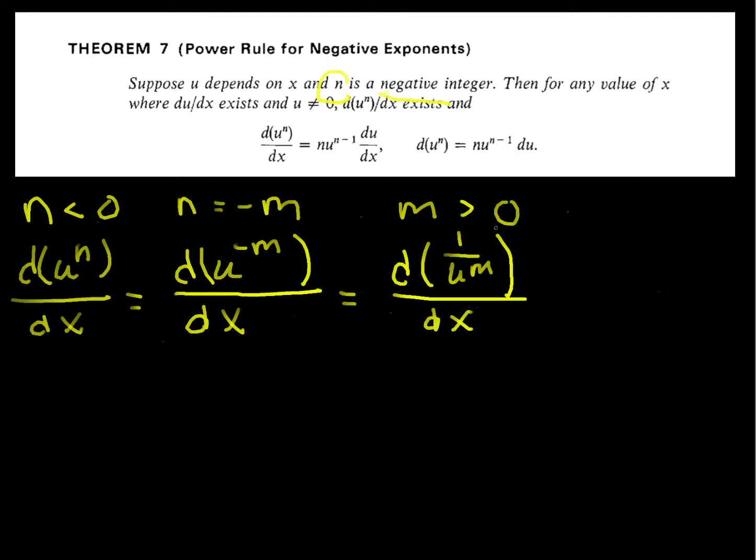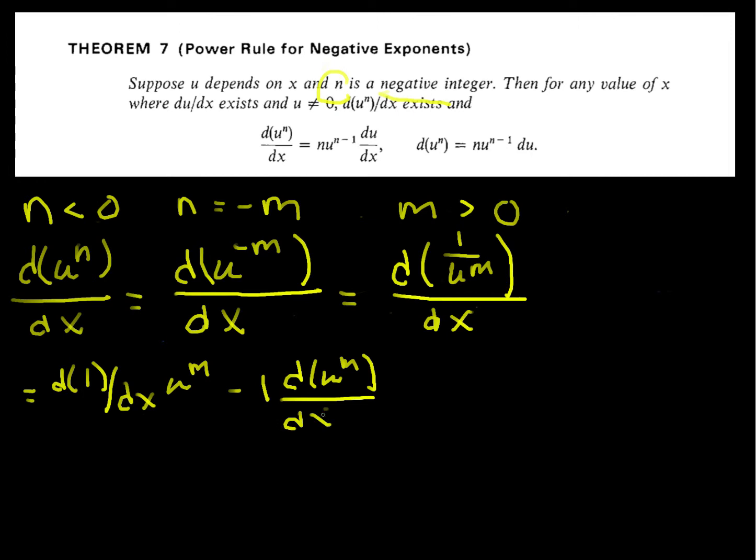And we've got it in a form that's a quotient rule. So using our quotient rule, this is equal to the derivative of 1 with respect to x times u to the m, minus 1 times the derivative of u to the m with respect to x, all divided by u to the m squared, so u to the 2m.